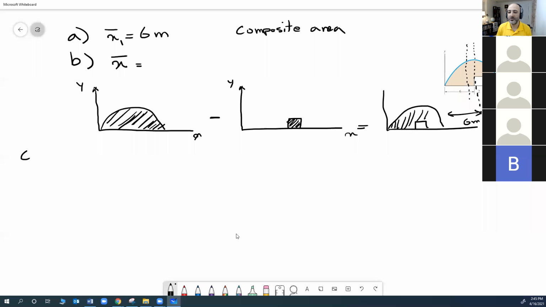So all I have to do is do an X bar equal integration for this one minus integration for that one to get this.